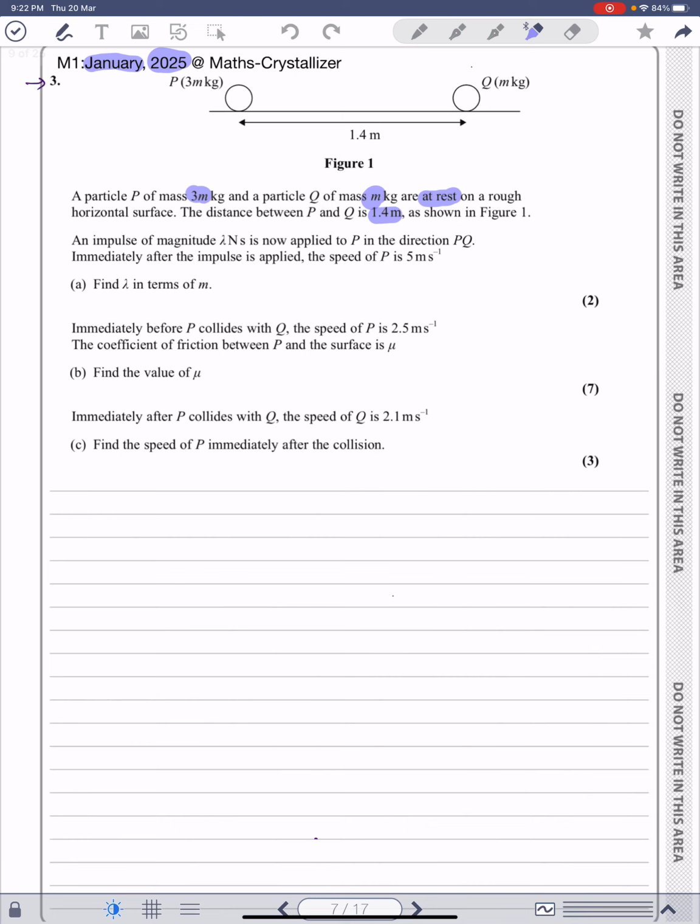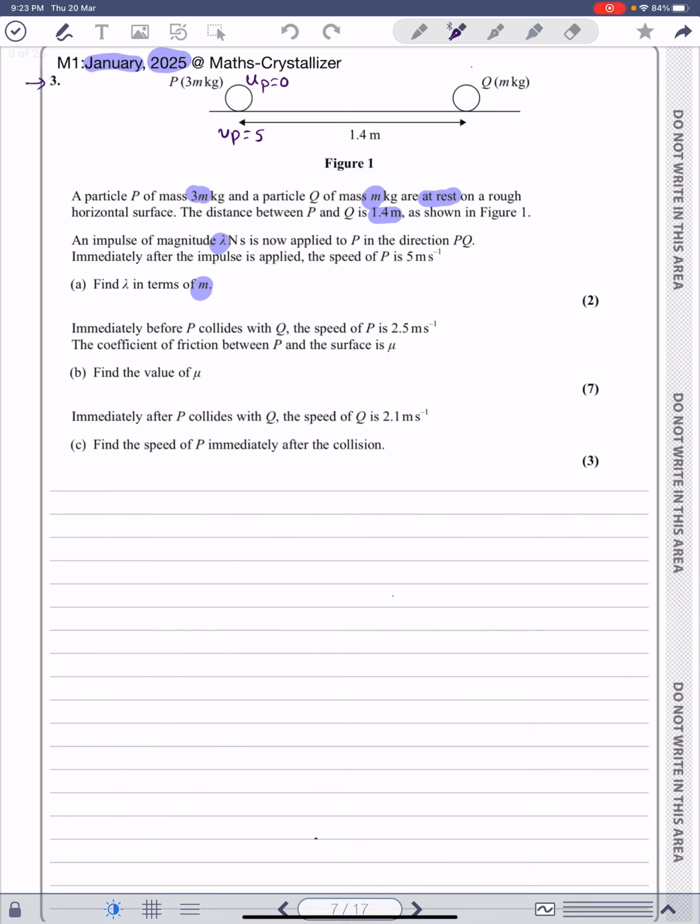An impulse of magnitude lambda newton seconds is now applied to P in the direction PQ. So first we are on P now. It was at rest. After the impulse is applied, the speed of P is 5 meters per second. Find lambda in terms of m.